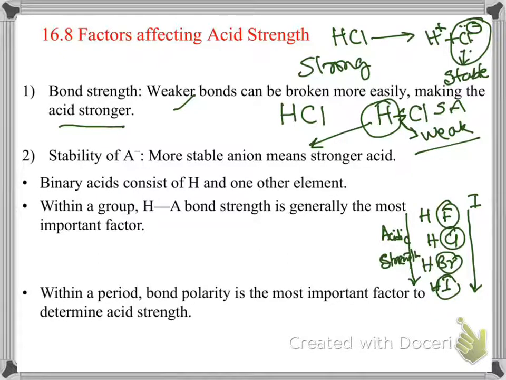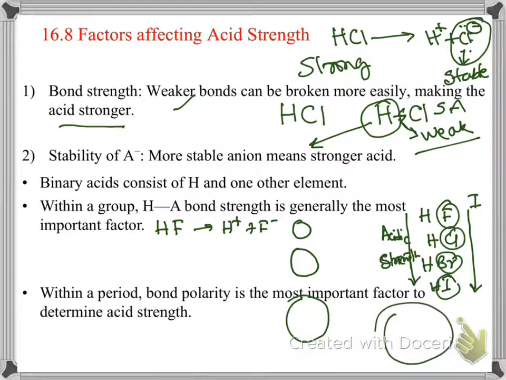Why is that? HF breaks down to produce H plus, F minus. Fluorine is smaller in size. So let's say this is the size of fluorine, this is the size of chlorine, bromine, and here is iodine. Hydrogen's size remains the same.